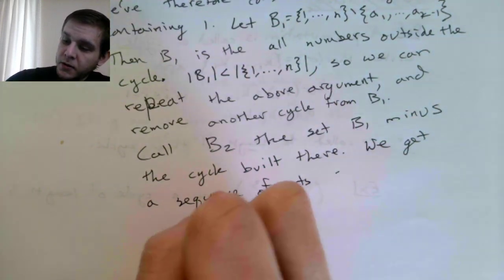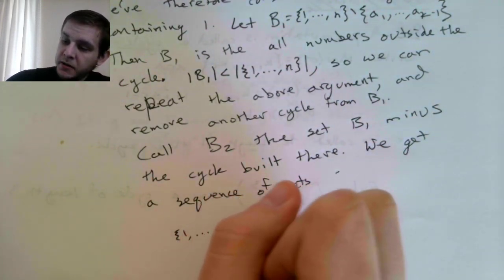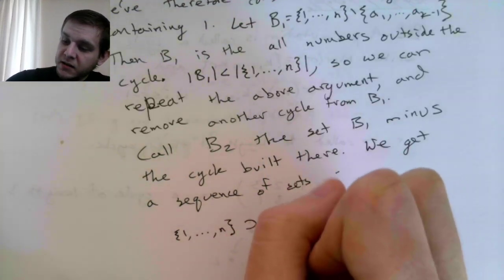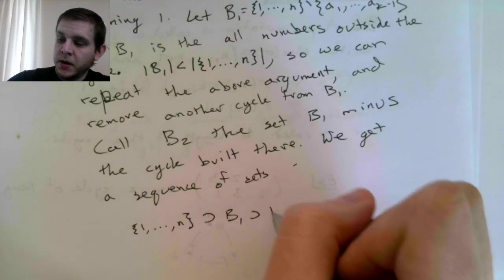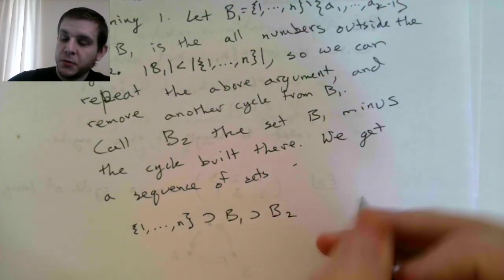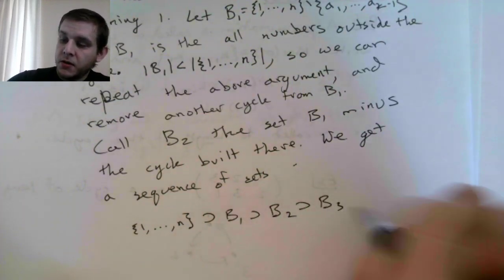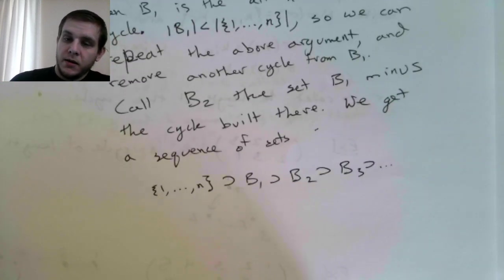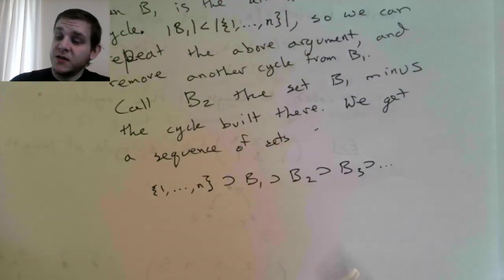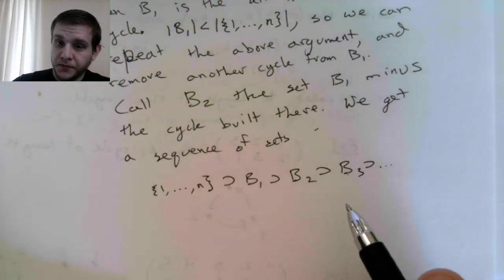Right, I start with 1 n, and then I get inside of that, after I remove the first cycle, a set B1. Then I get a set B2 inside of this after I remove the second cycle, B3. And I can continue this process as long as there's still something here to choose.